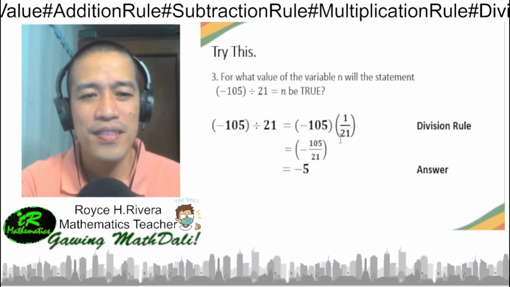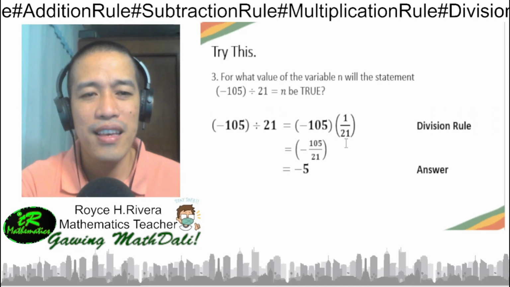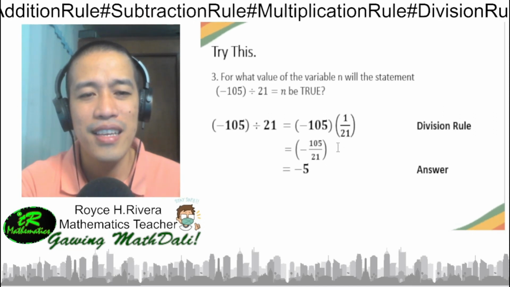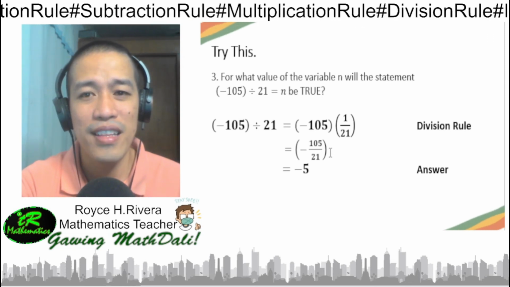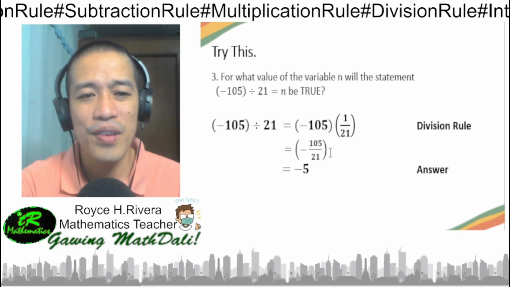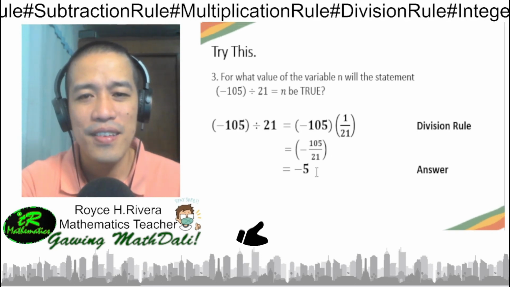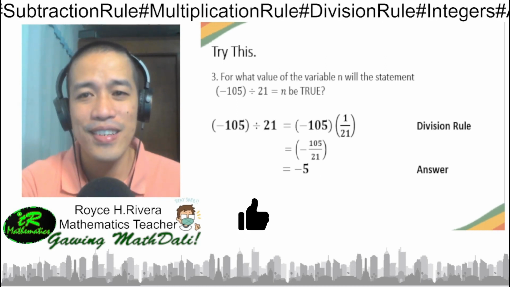And now, we are multiplying numbers of unlike signs. Then the product is negative. So we have negative 105 over 21 as product. Simplifying that, we will have negative 5 as the answer.